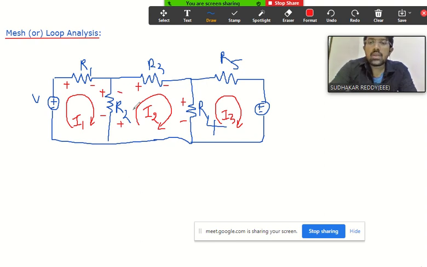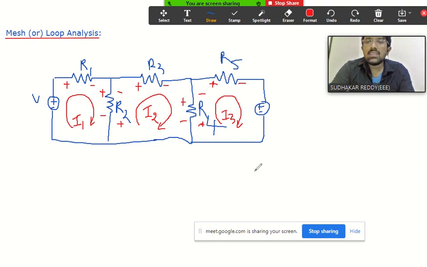Understood? That is how I am indicating the polarity. Similarly, for R5, what is the polarity here? Plus. And here? Minus. And similarly for R4, plus here and minus here.